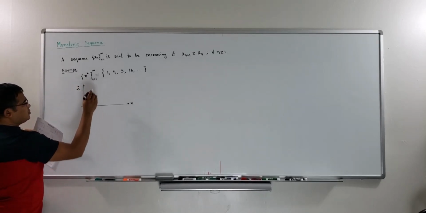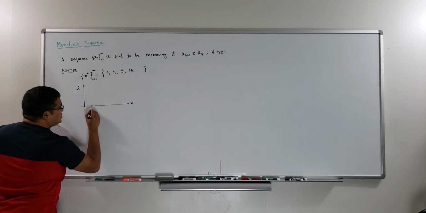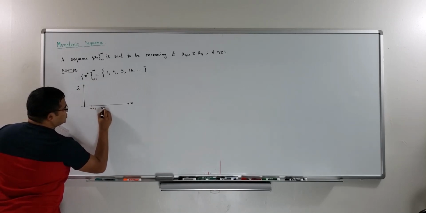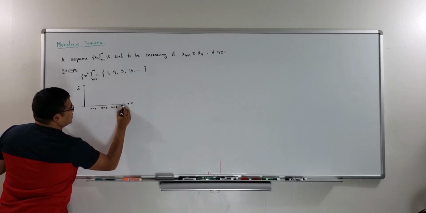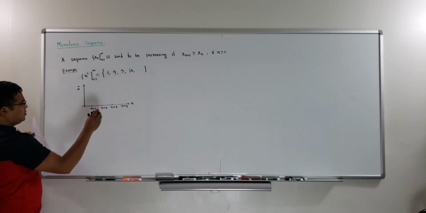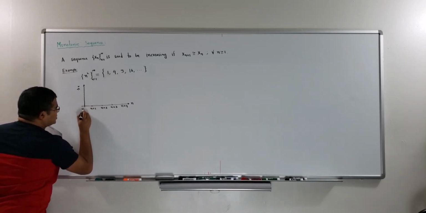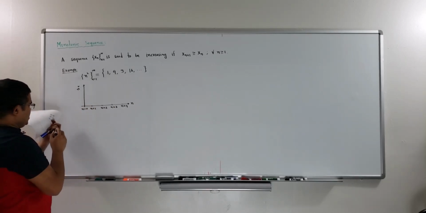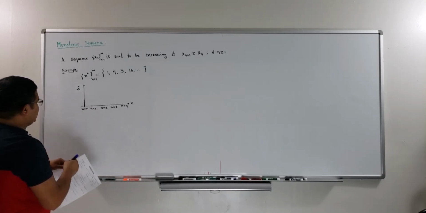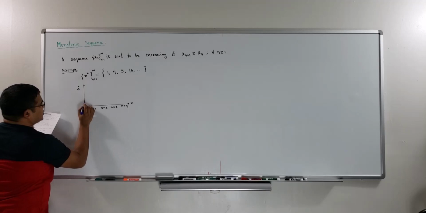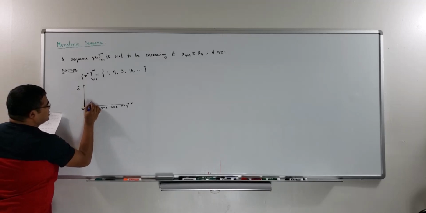Here n equals 1, n equals 2, n equals 3, n equals 4, and it keeps going on. When n equals 1, we have 1.